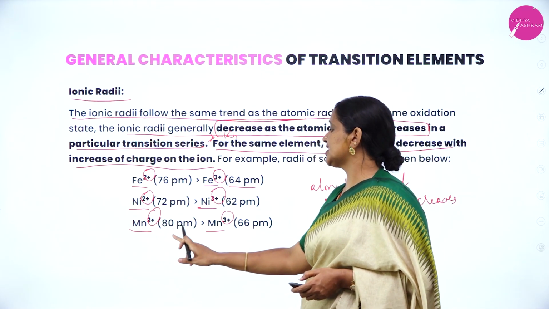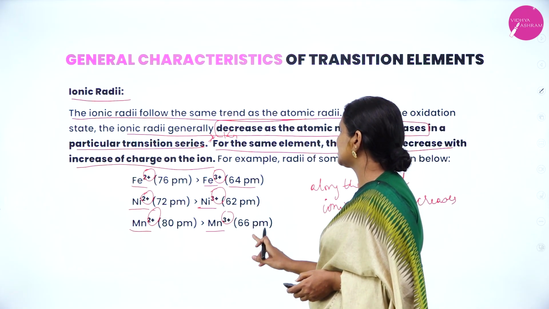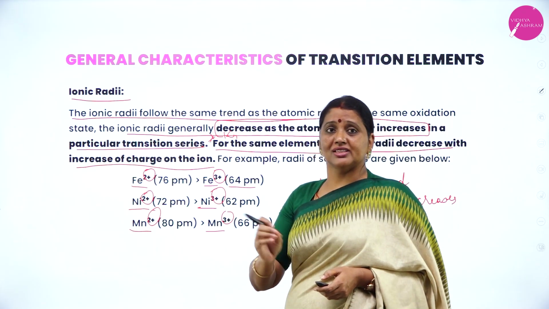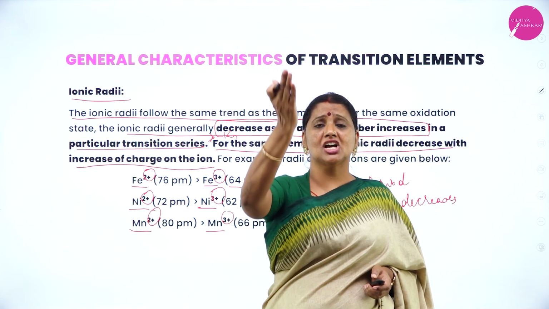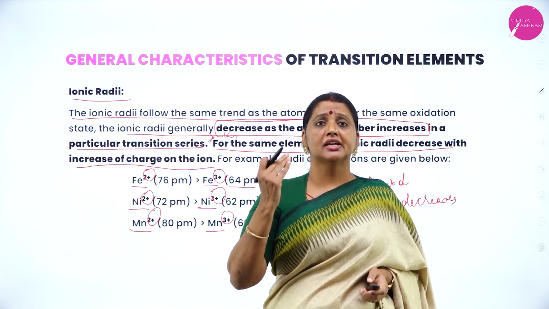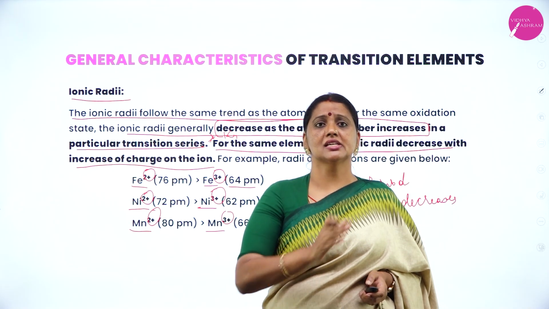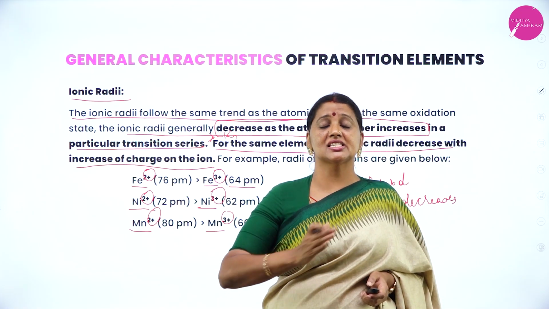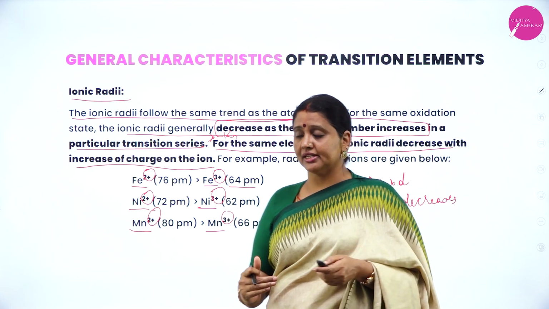Manganese in +2 oxidation state, 80 picometer, and in +3 oxidation state, 66 picometer. Therefore, for the same element, as the charge of the ion increases, its ionic radii decreases. And along the transition series, as atomic number increases, ionic radii decreases.